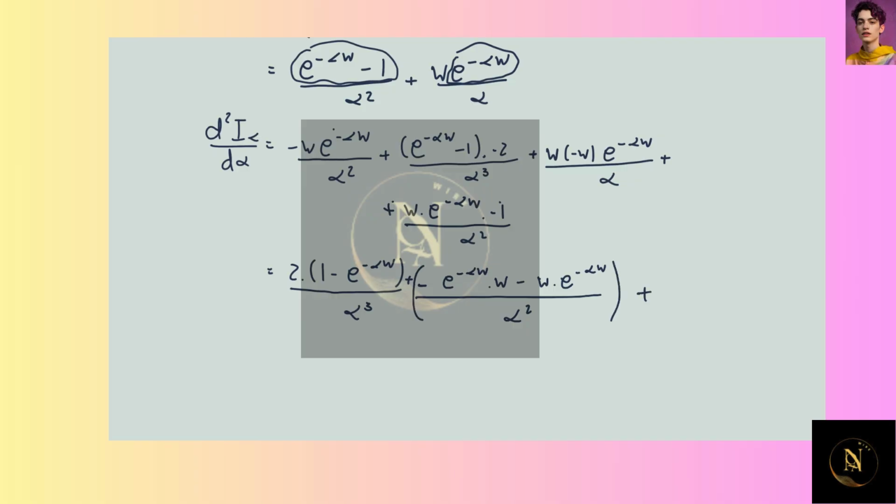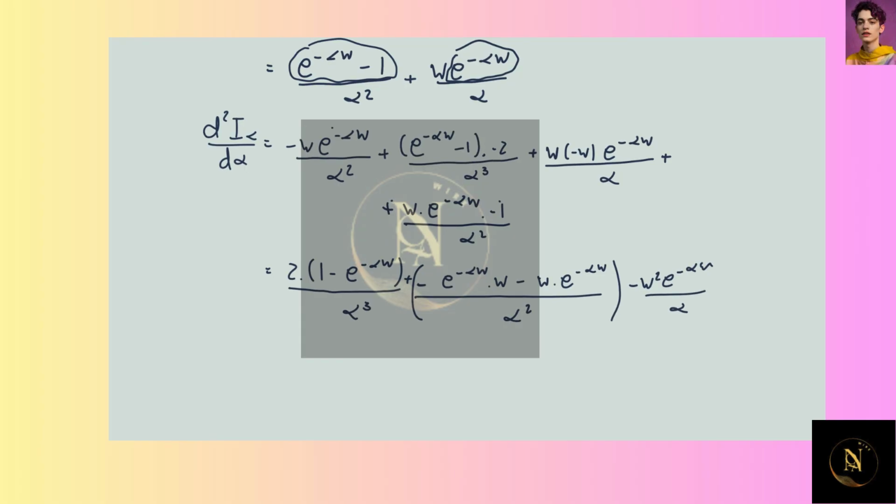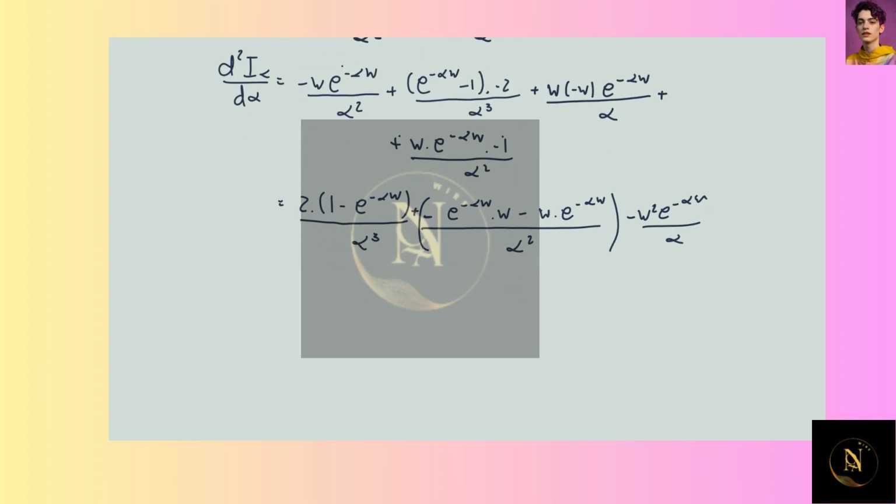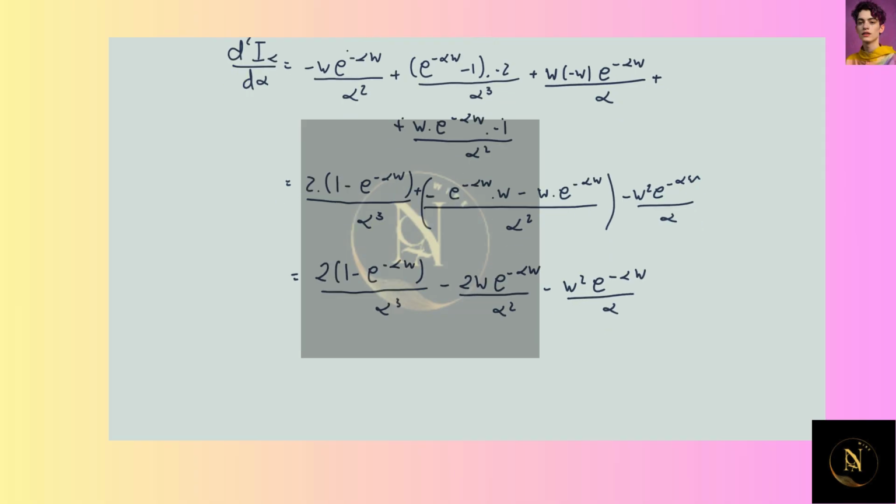And finally we have the last term, which is minus w squared e to the minus alpha w over alpha. Now we can organize this a little more to get 2 times (1 minus e to the minus alpha w) divided by alpha cubed, minus 2 times w e to the minus alpha w divided by alpha squared, minus w squared e to the minus alpha w divided by alpha.